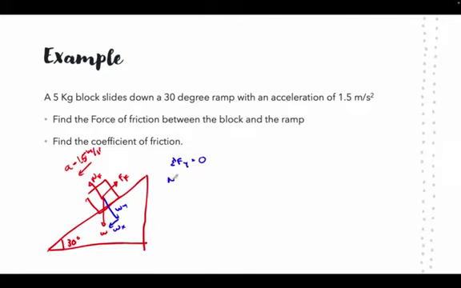That means normal force minus Wy is equal to 0, so normal force is equal to Wy, which is mg cosine theta. Normal force is equal to 5 times 9.8 times cosine of 30, which means that normal force is equal to 42.43.